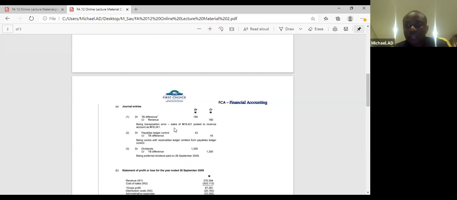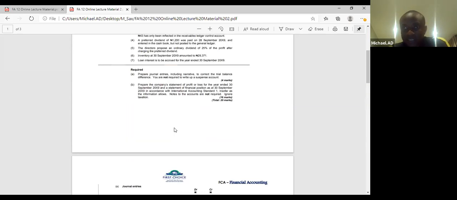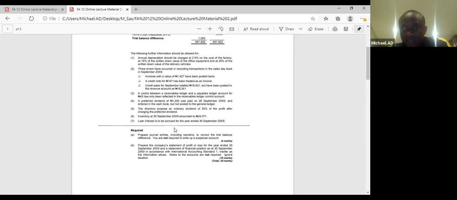Hence, this invoice with a value of 1,427 was posted twice. Does this error affect our trial balance not to balance? What they're telling us is that we've debited our purchases and credited our payables.